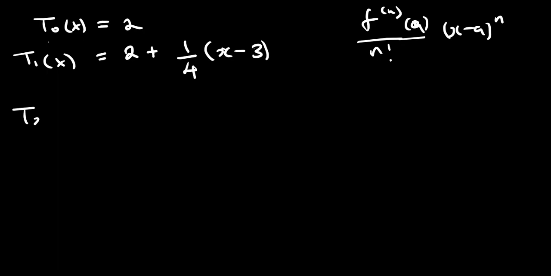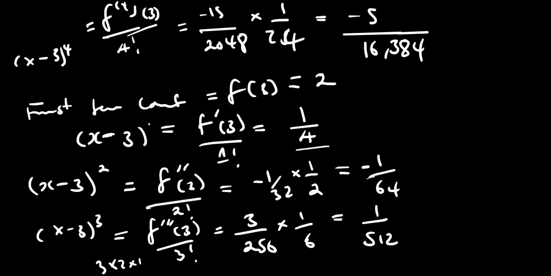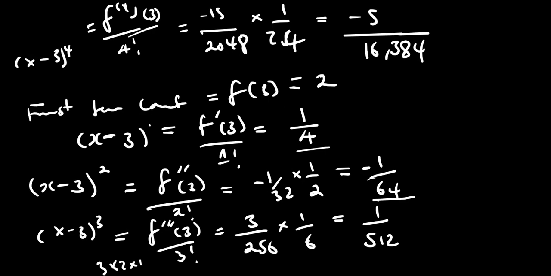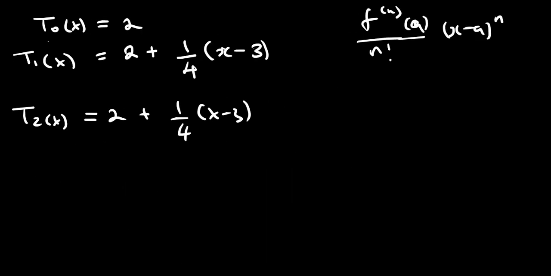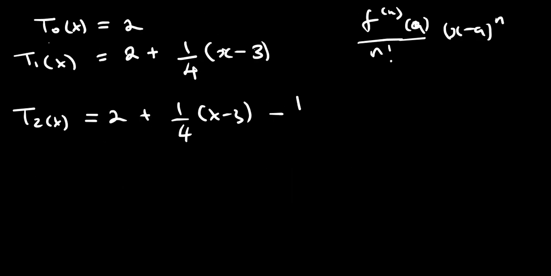Then we get p of x, and this is going to be 2 plus 1 over 4 x minus 3. Then for the other one, I still get the coefficient that I found, which was, as you can see here, negative 1 over 64. Then that is x minus 3 to the power n, which is 2, because we're adding up to 2.